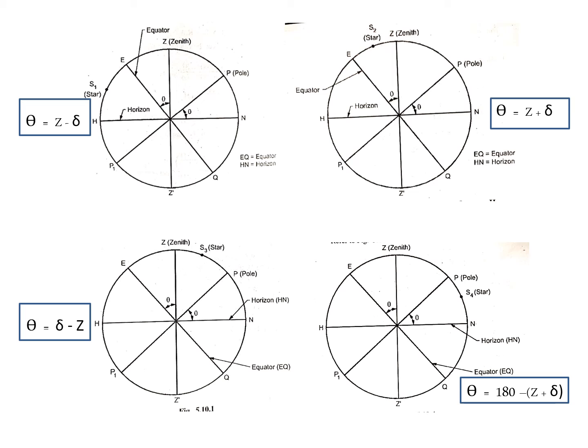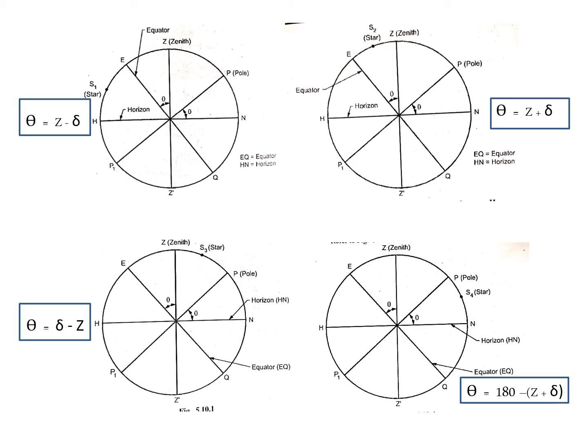So this ES1 is nothing but your declination towards the south. So this one from H to S1 is nothing but your altitude. Then Z to S1 is your co-altitude, and E to S1 is your delta.